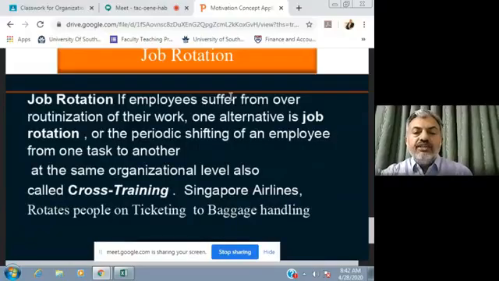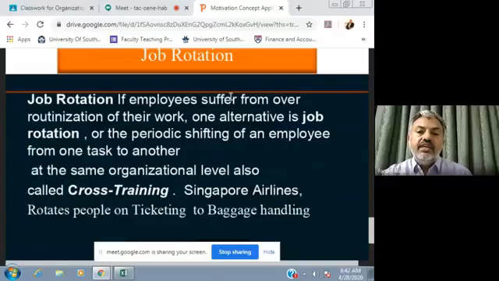So if employees suffer from over routinization of their work, one alternative is job rotation, or the periodic shifting of an employee from one task to another at the same organization level. This is also called cross training. You are trained into various types of job in the same organization, and you are at the same organizational level.